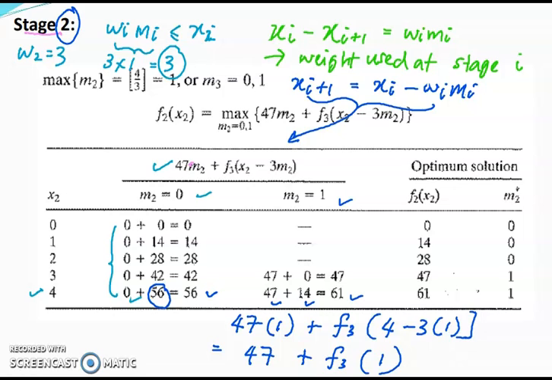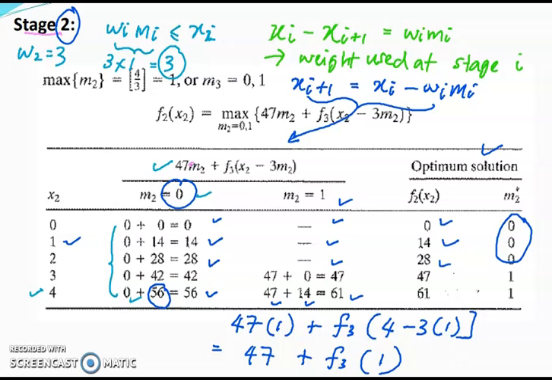And for the optimal solution, since we want to find the maximum value, for the first one, when x2 equals 0, you have no option. You compare between 0 and the infeasible solution, so the value is 0. When x2 equals 1, you compare between 14 and the infeasible solution, so we take 14. When x2 equals 2, compare between 28 and infeasible, so we have 28. All these come from m2 equals 0.